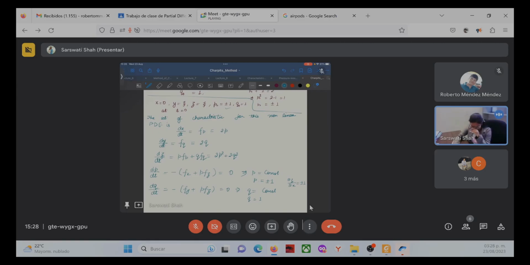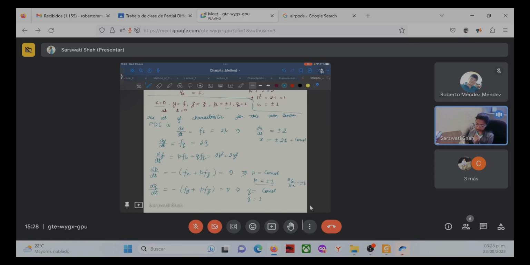Next, using the value of p in equation number one, we will get dx over dt equals plus minus 2. So x equals plus minus 2t plus constant.